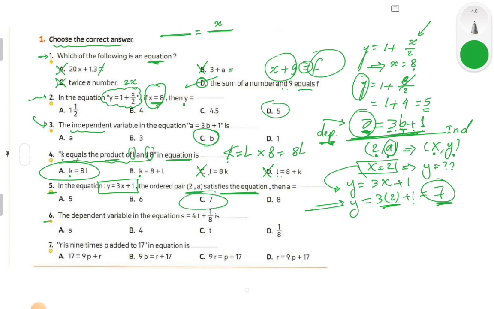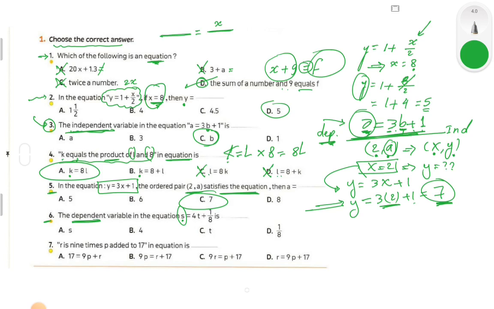Okay, next one, the dependent variable. Note with me, in point 3 he asked us about the independent and we chose B. Here he asked us about the dependent variable. Look, the dependent variable is always alone, whether on the right side or left side.